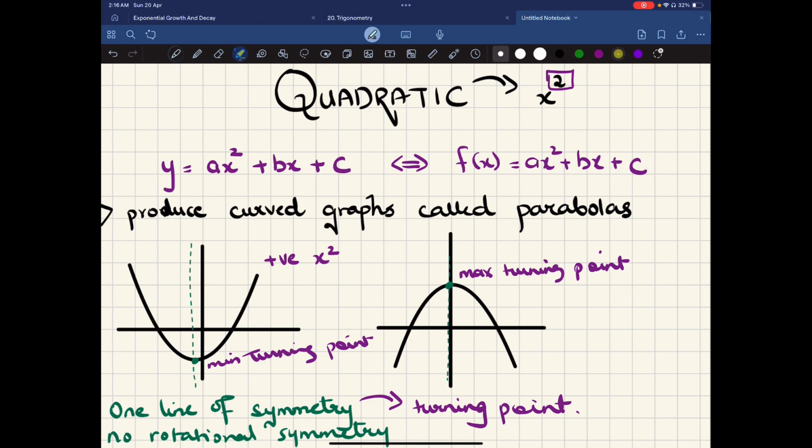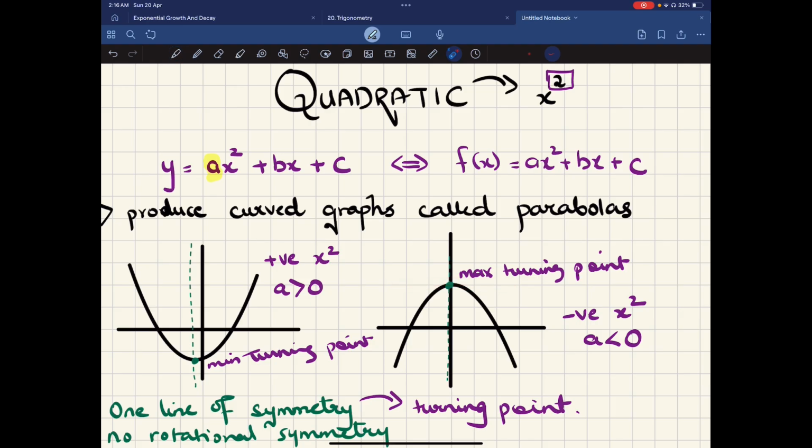The coefficient of x squared is a. So if a is greater than 0, we will have a U-shaped parabola. Okay, and if the coefficient of x squared is negative, which means a is less than 0, we will have an inverted U. Okay, and our function will have a maximum value.